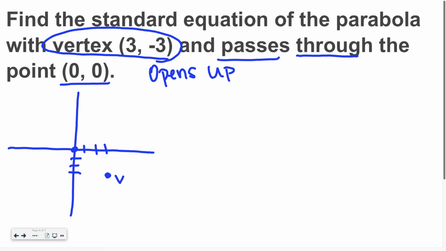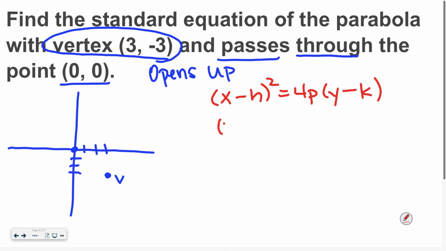Okay, so if it opens up, we know we have the equation (x minus h) squared equals 4p times (y minus k). Okay, and we know that our vertex is at (3, -3), so we can write (x minus 3) squared equals 4p times (y plus 3). We can write that.